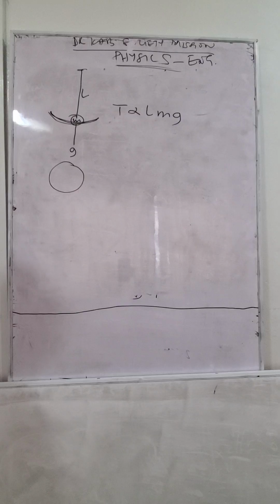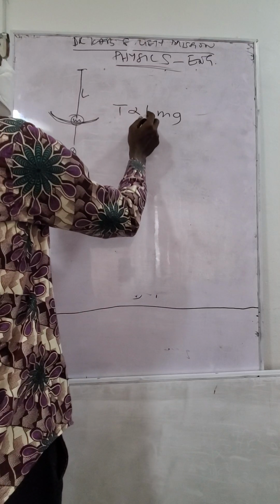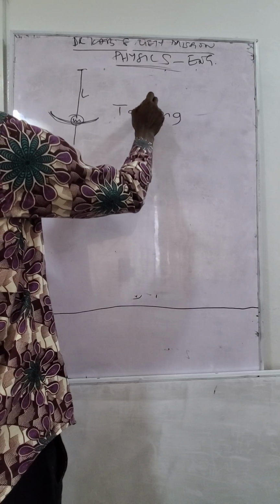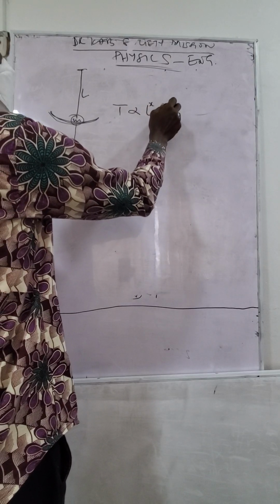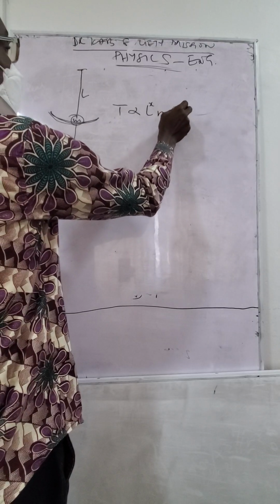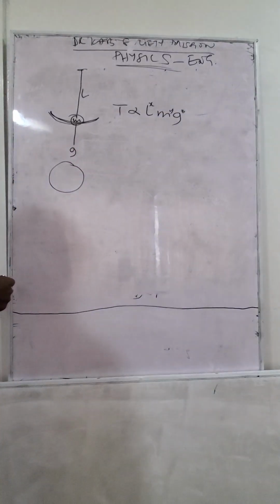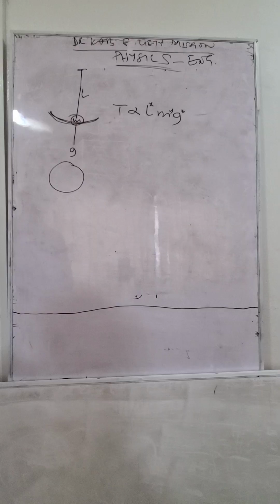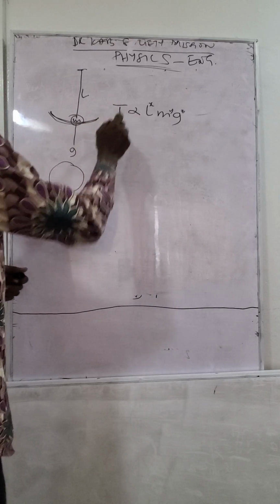Now, if we assume these proportionalities, then we don't know whether this one is to the power 1 or negative also. So let's say this be x, this be y, and this be z. If we do it this way, then we can use this kind of equation to derive an expression for t.